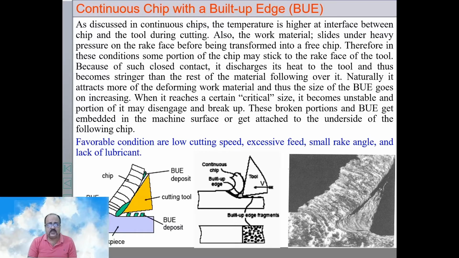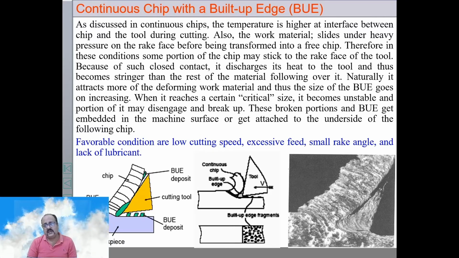Now, what are the conditions under which this can happen? Obviously, this happens when we are machining ductile materials, under certain conditions, like when the cutting speed is excessively low, feed is excessively high, we have a very small rake angle and lack of lubricant. You can see all these factors contribute to high pressure and temperature.